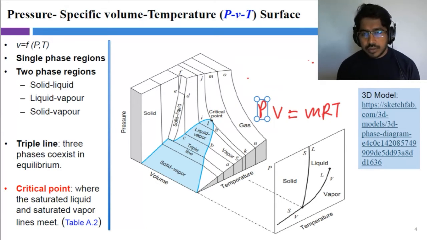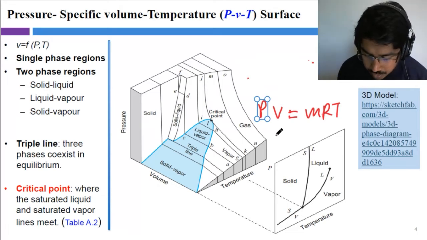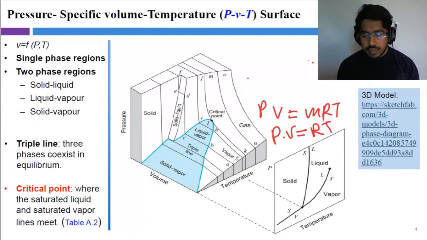So in high school we learned that PV is equal to mRT, right? And similarly we can say that Pv, with v the specific volume, is equal to RT, right? So here you can see that if we take an equation for the specific volume, it's dependent on pressure and temperature, right? But it's very important to note, this is the ideal gas equation.